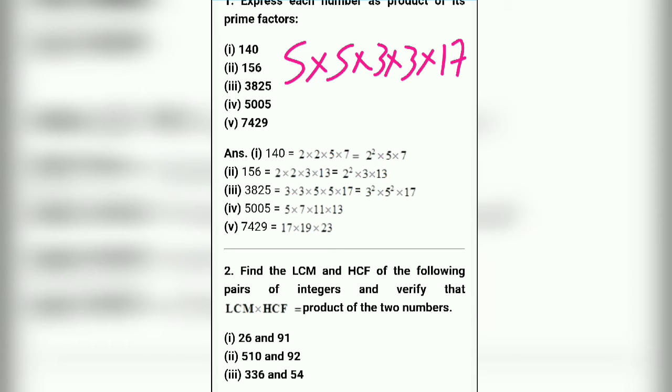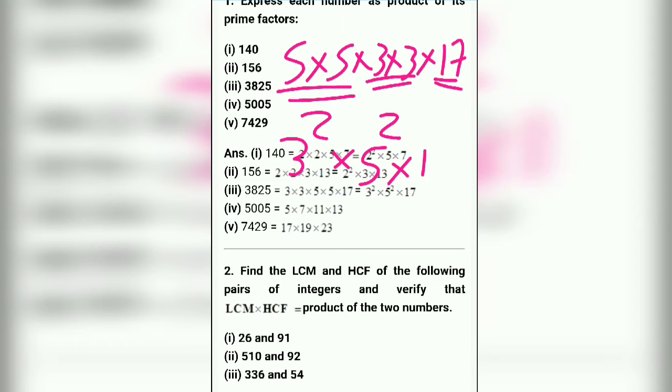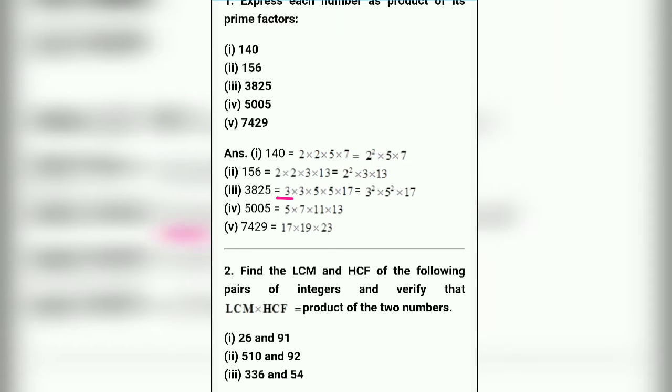Okay, so 2 times we have 3, so 3 square. 2 times we have 5, so 5 square, and multiply 1 time 17. So 3 square multiply 5 square multiply 17. Okay, same answer is written here.